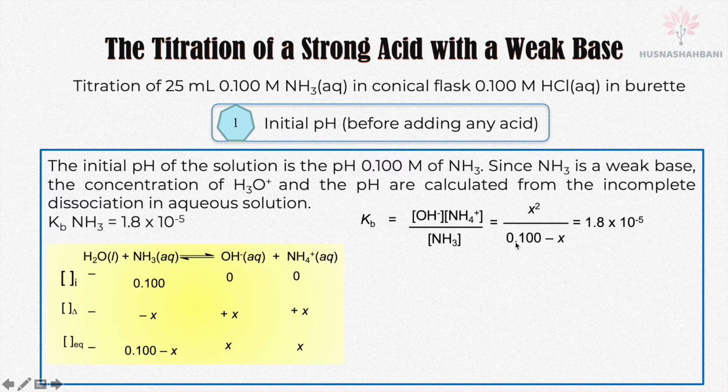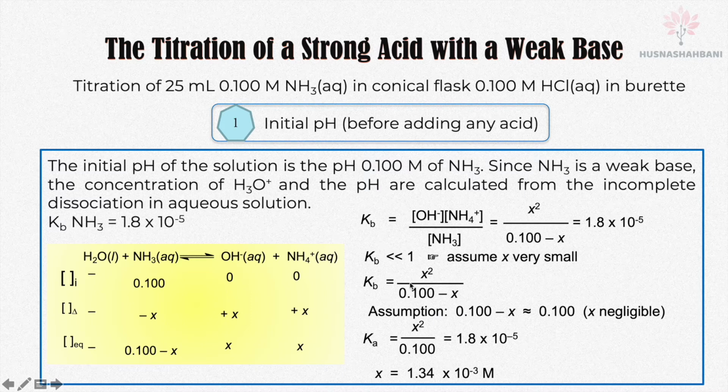So X squared over 0.1 minus X equals 1.8 times 10 negative 5. You can assume this X is very, very small. So assume that 0.1 minus X is equal to 0.1, X is negligible, extremely small, so we can ignore this X, and then Kb equals X squared over 0.1 only, and we get the X value.